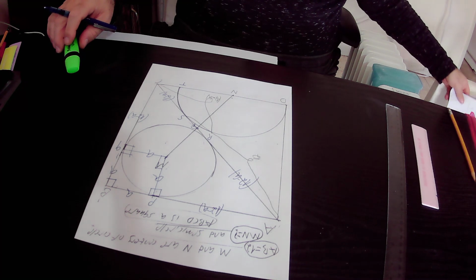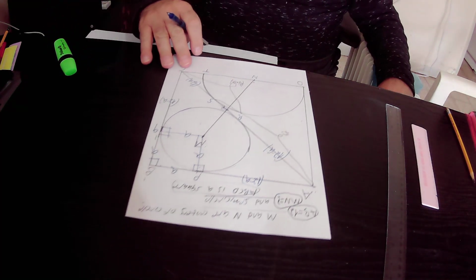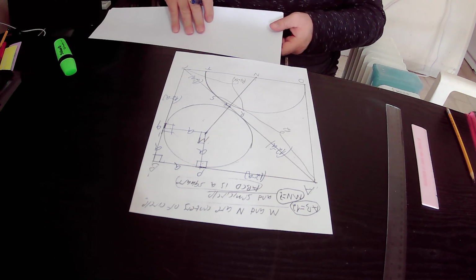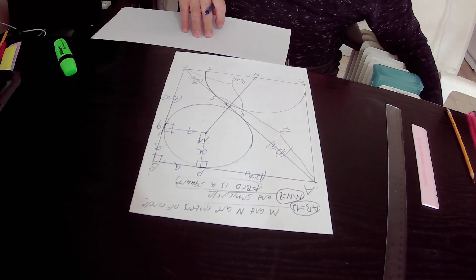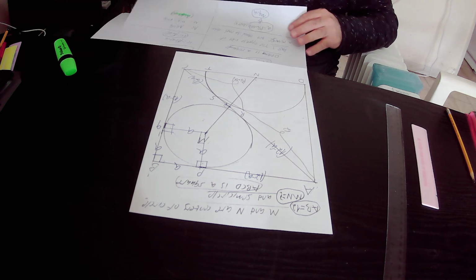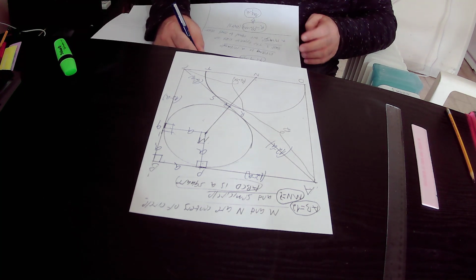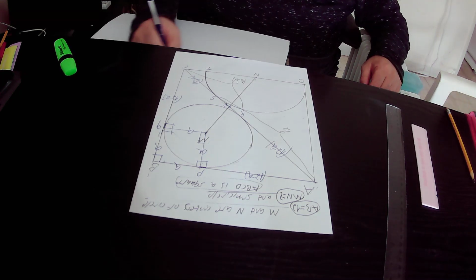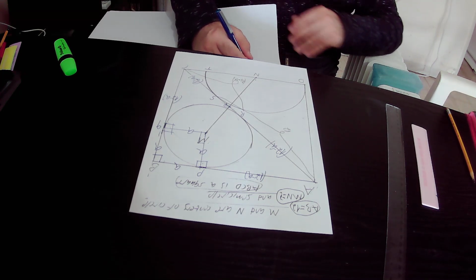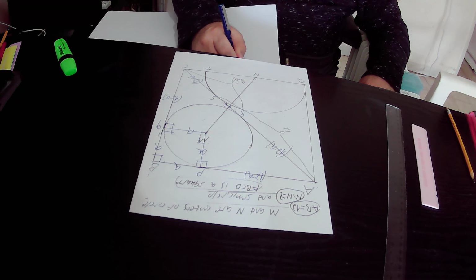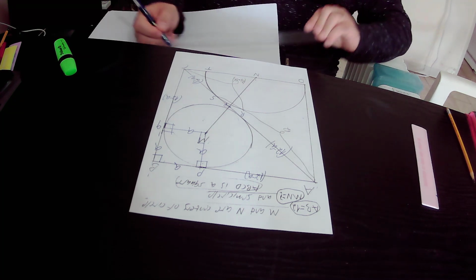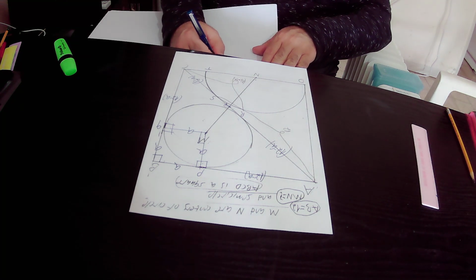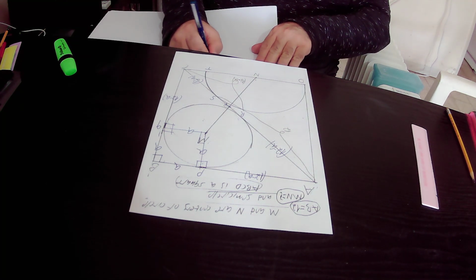We will focus on the right triangle, triangle ABC. In the right triangle, triangle ABC, according to Pythagoras theorem, the square of the hypotenuse equals the sum of the squares of the perpendiculars.